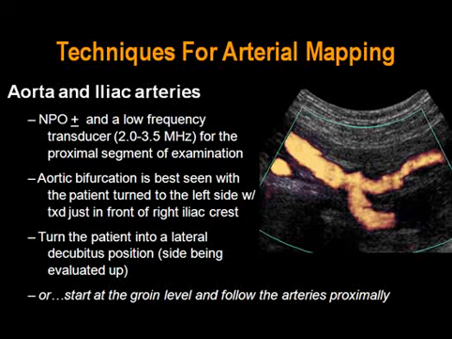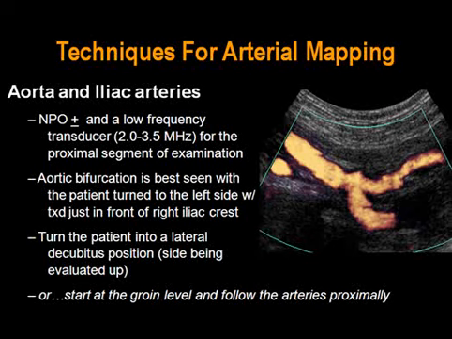The aortic bifurcation is best seen with the patient turned to his or her left and with the transducer positioned just in front of the right iliac crest. And if you do that, you can produce images such as the one that I show here with the aorta and the right and left iliac arteries very nicely seen. In order to evaluate the common and the external iliac arteries, you may have to turn the patient into a lateral decubitus position with the side being evaluated turned upwards.